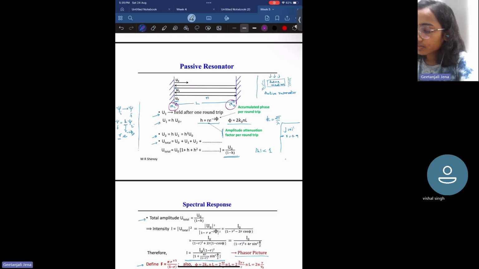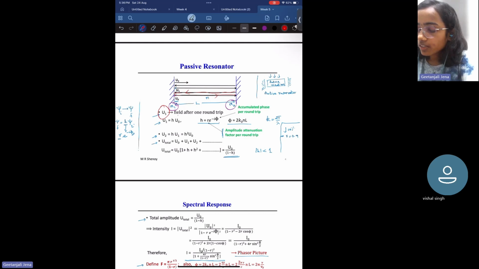If U0 is the initial field, then after one round trip, that is when light incident on mirror M2 gets reflected back to the first mirror M1, U1 is the field after one round trip.